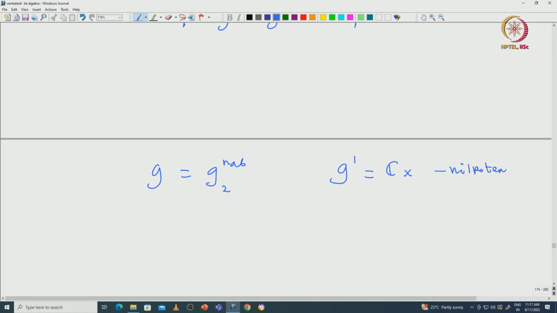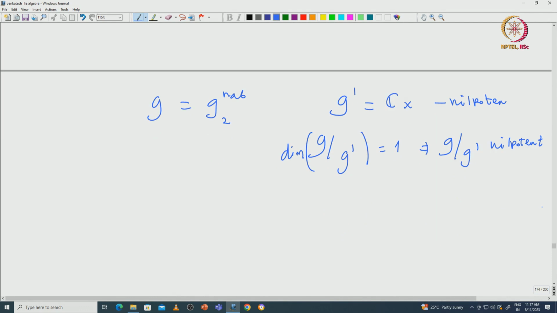If you go modulo this G1, then G modulo G1 is again one dimensional, so this is also nilpotent, or indeed abelian. But G, we just saw, is not nilpotent.